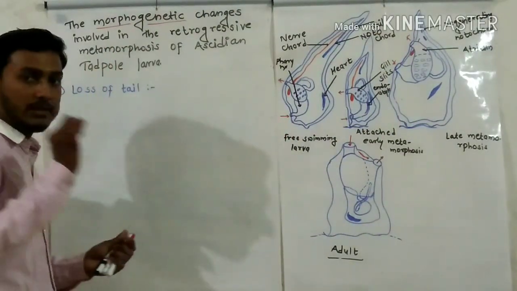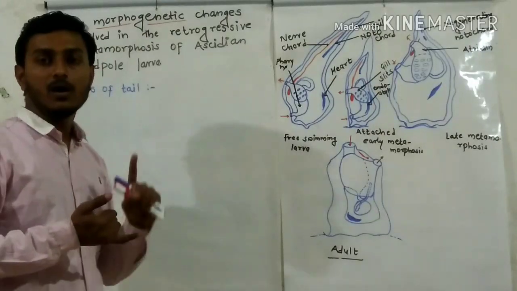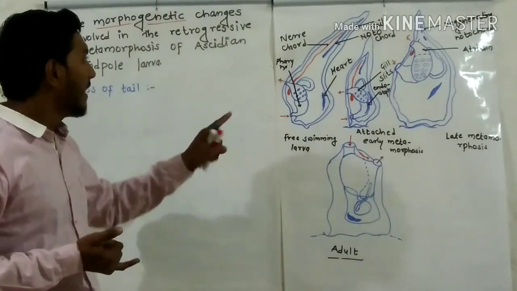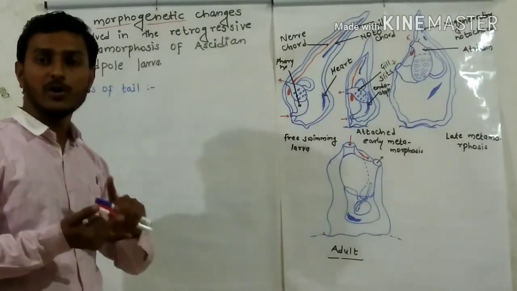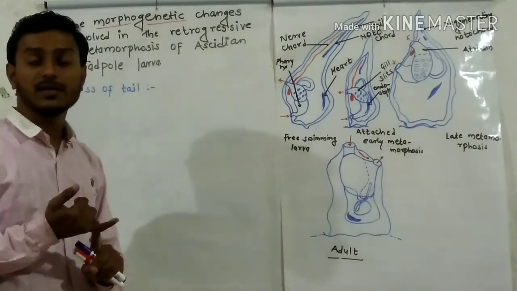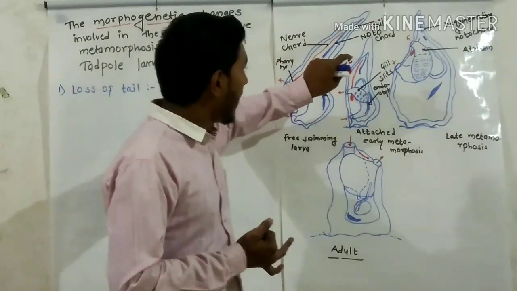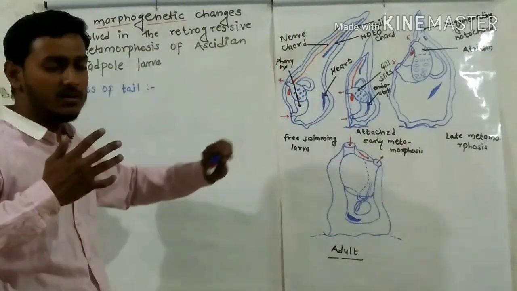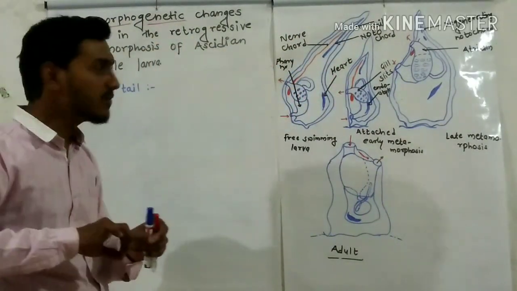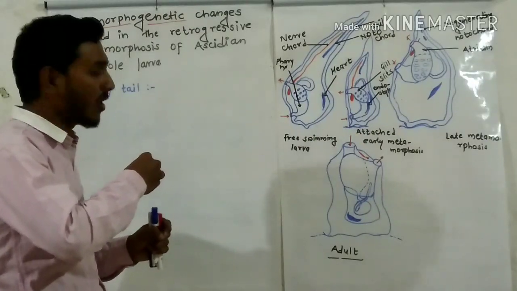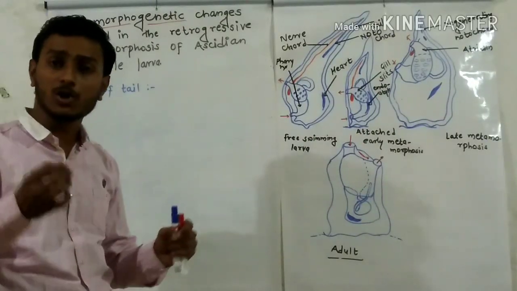Okay, so the tail with the nerve cord as well as notochord, nerve cord, notochord, and the muscles in the tail, and in the later changes the tail shortens and the caudal fin also shortens and they get autolyzed.